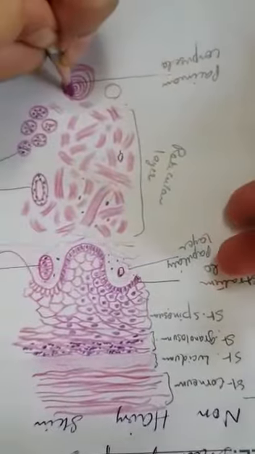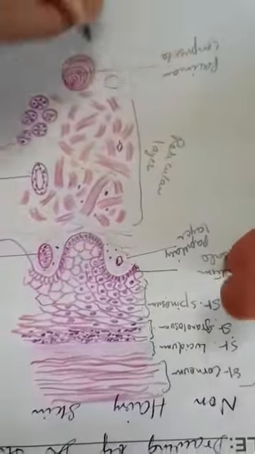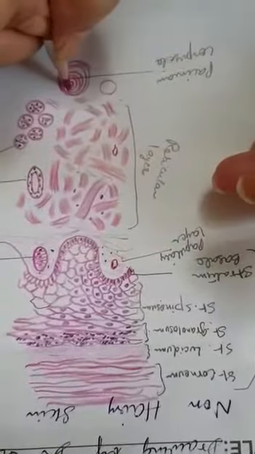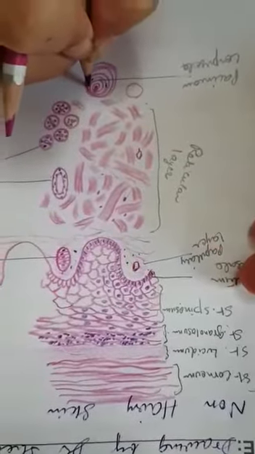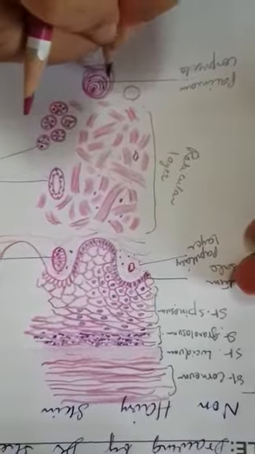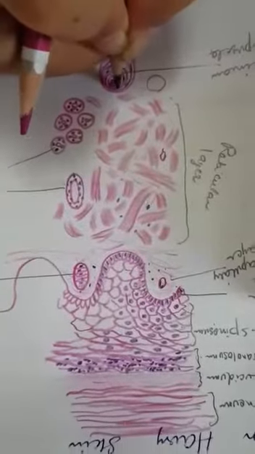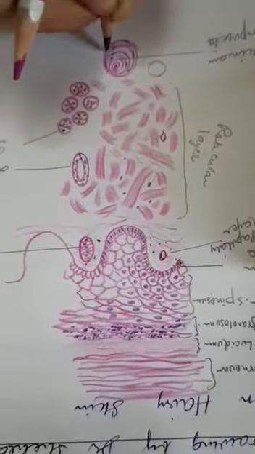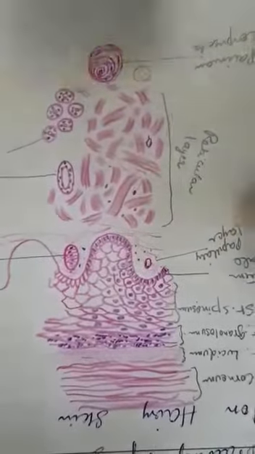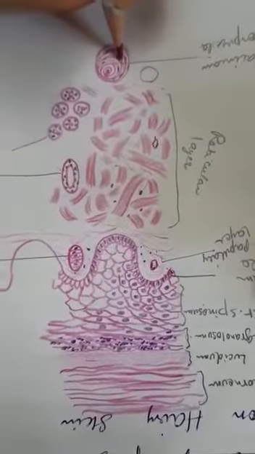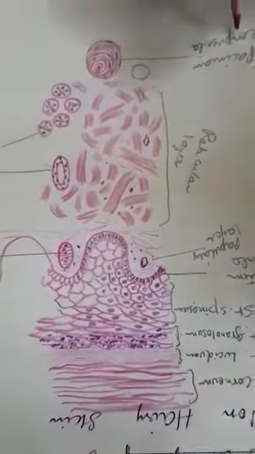In the center is the axon here. Around it you will draw the lamellated layers, laminae of fibroblasts forming layers. So these will form Pacinian corpuscles.